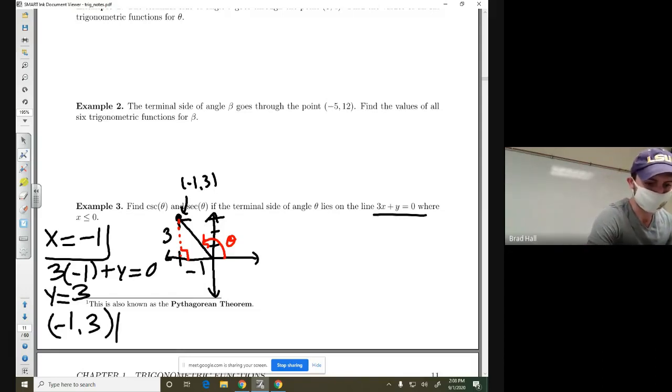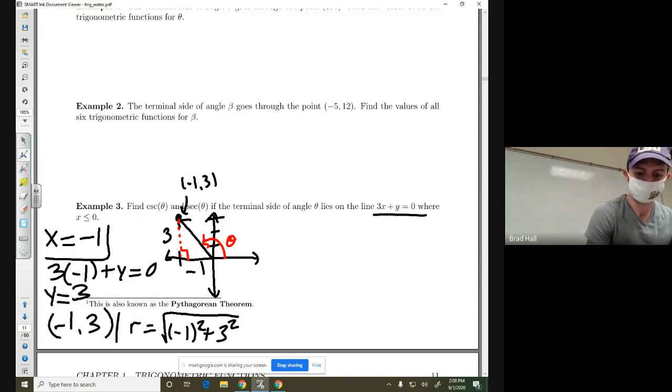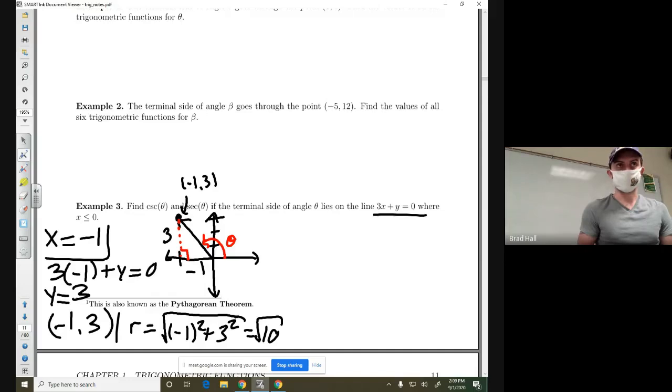And we did a few of those before. So this was r is equal to square root of negative 1 squared plus 3 squared. So that looks like the square root of 10. So that is the value of the hypotenuse. They use r for radius, but it's the same idea. It's the hypotenuse. So square root of 10.